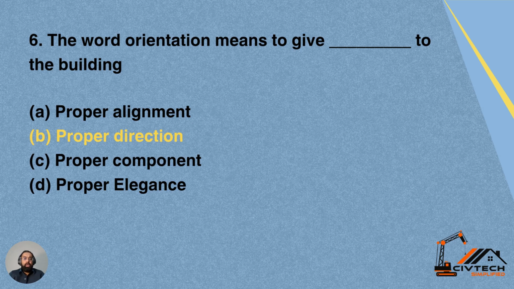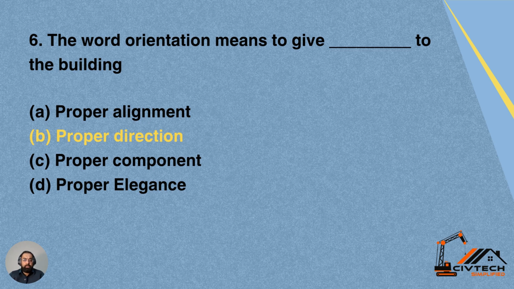Then we have question number six. The word orientation means to give dash to the building. So we normally use this terminology, orientation of the building, layout of the building. So what is basically orientation? And what is the logic behind this terminology? Number A, proper alignment. Number B, proper direction.